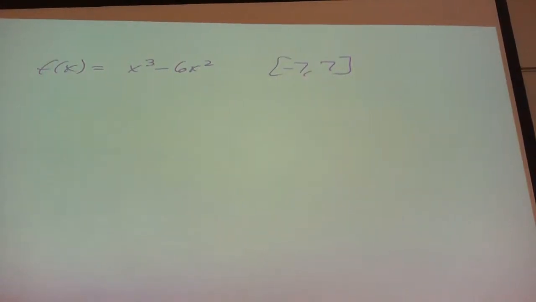Give it another minute. You can find out where the issues are. Is it the factoring, the derivative, the graph? Where are the issues?